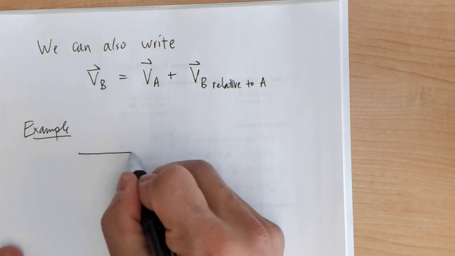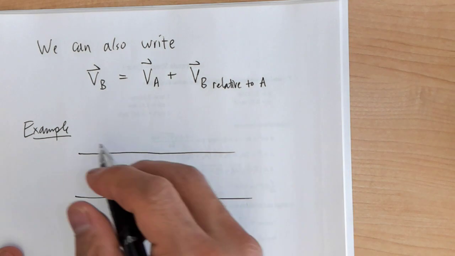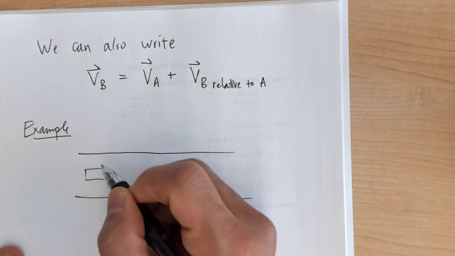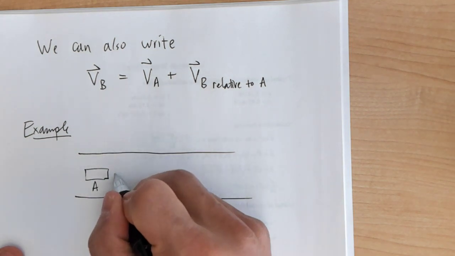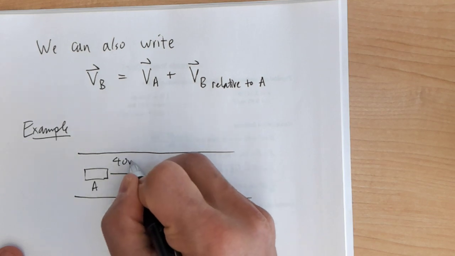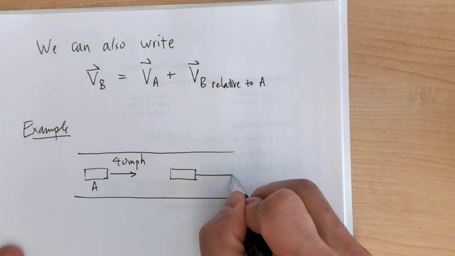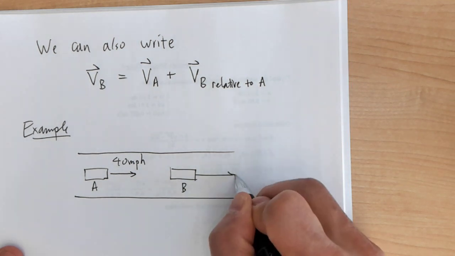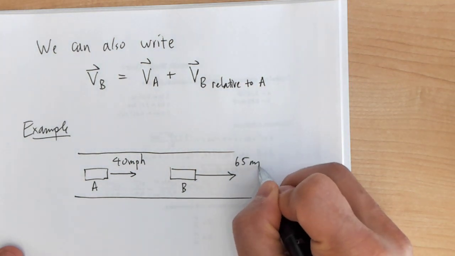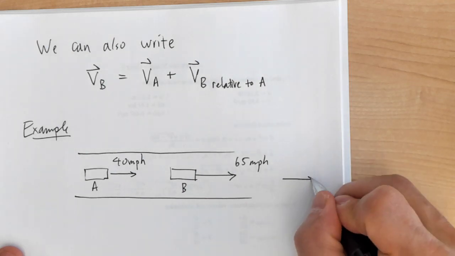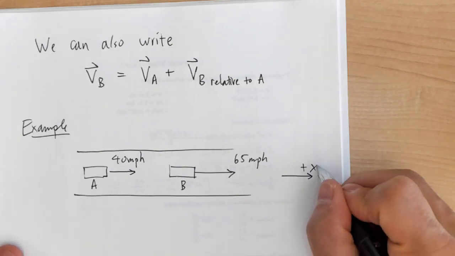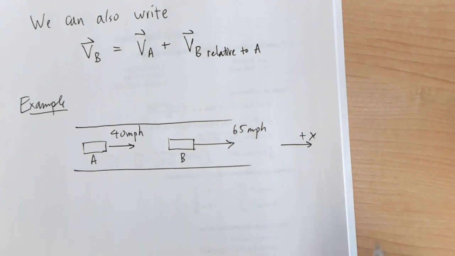Okay, let's have a road. And let's say we have some car here, A, and this is moving at 40 miles per hour. And then we have a faster car, B, that's moving at 65 miles per hour. Okay, this is the plus x direction.